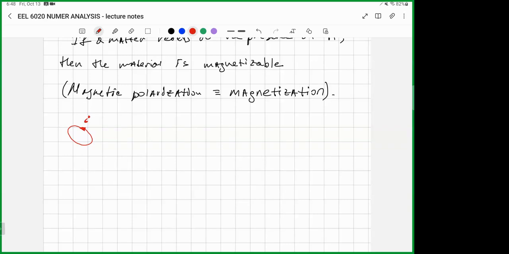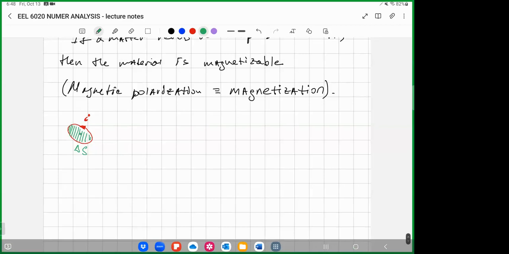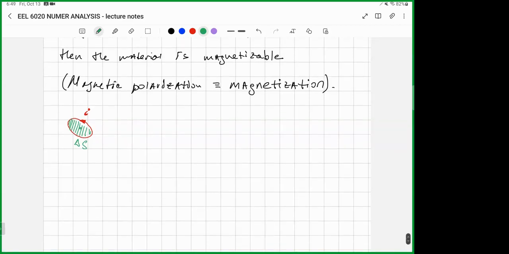And of course, this loop is somehow oriented in space, and we need to define the way we orient this plane of the loop in space, right? So I introduced the oriented area. The area we denoted by dS, and the orientation of this area is defined by the normal vector to the area.